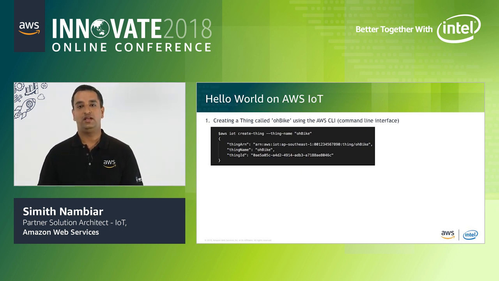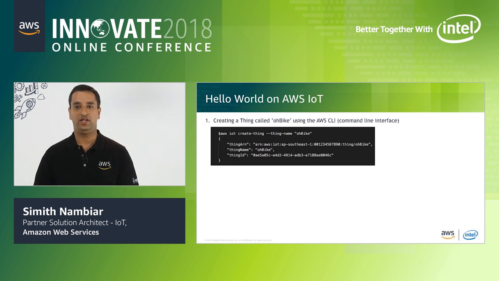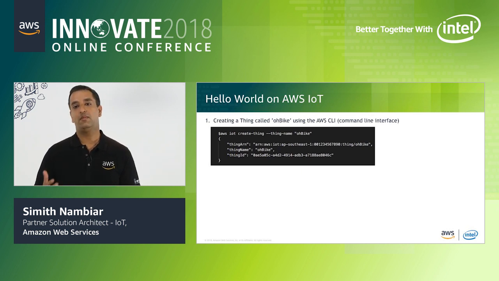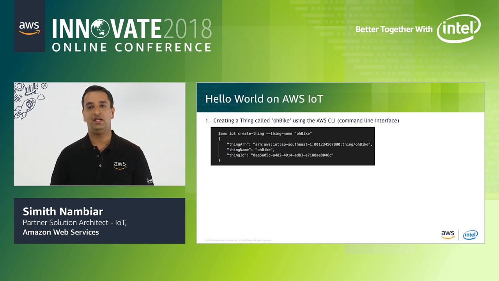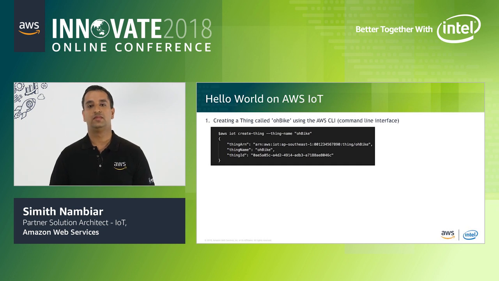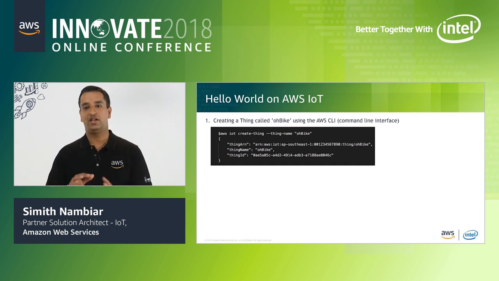Let us create the thing, certificates, and AWS IoT policies using the AWS CLI, or command line interface, and link them all up together. The create-thing command is used to create a thing record in the AWS IoT registry. We have created a bike with the name obike. The JSON document printed on the console just below the create-thing command is essentially the response received from the platform.